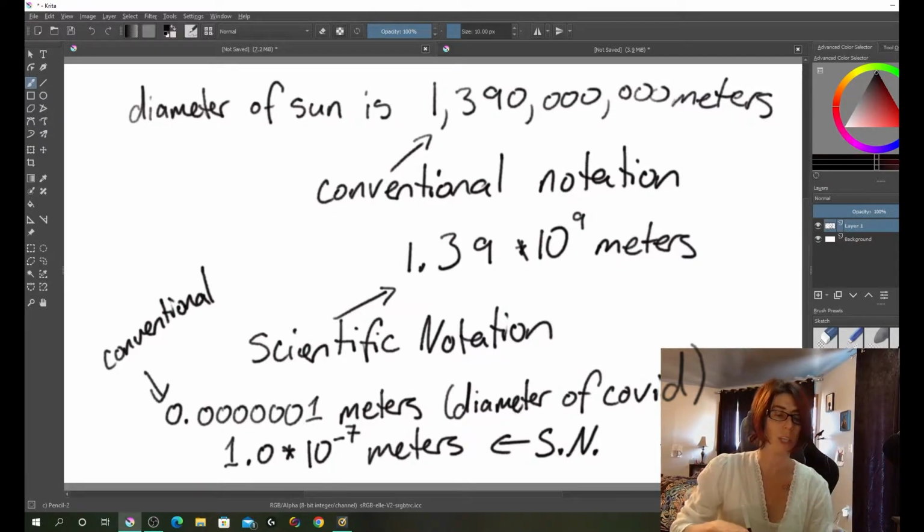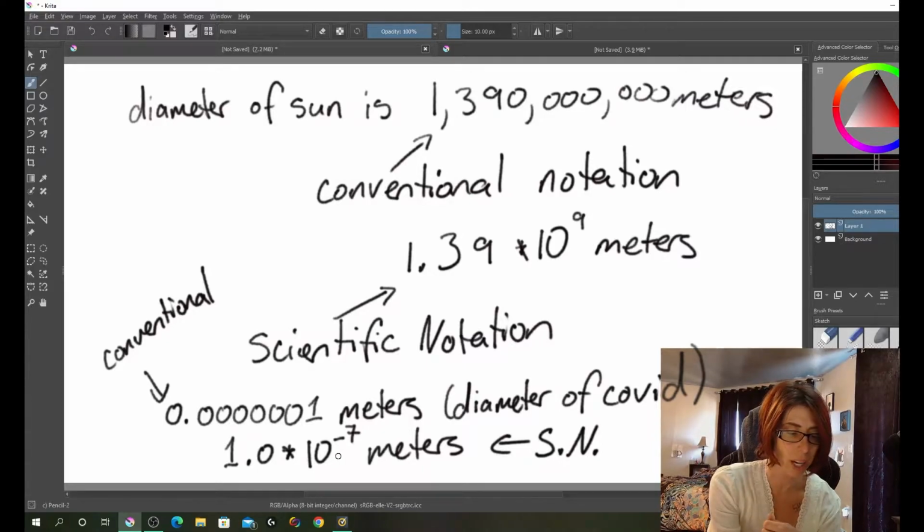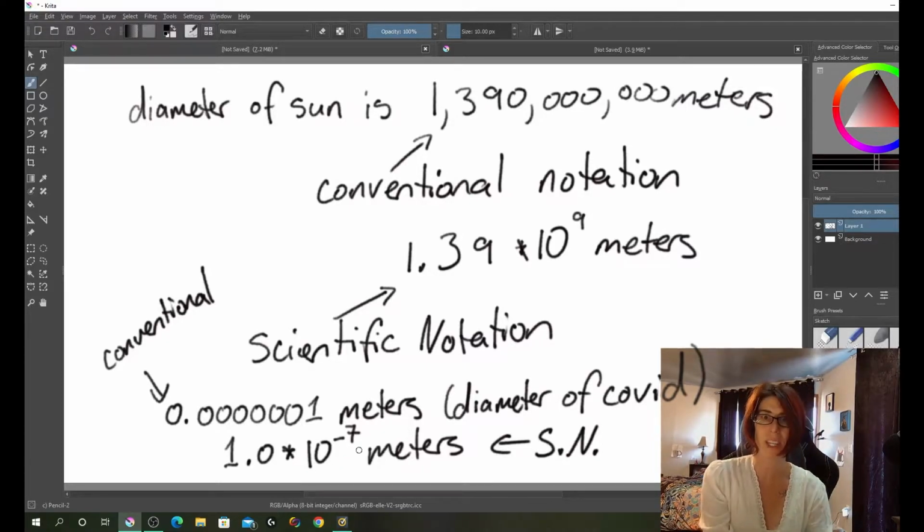Okay, so you can see that it's a little bit easier to write. There's not as much to write, and it's a little bit easier to interpret because I can say there's 7 digits here, this is 7 points past the decimal. That tells you immediately how small it is without having to count how many zeros are at the front of this number or how many zeros are at the end of a large number.